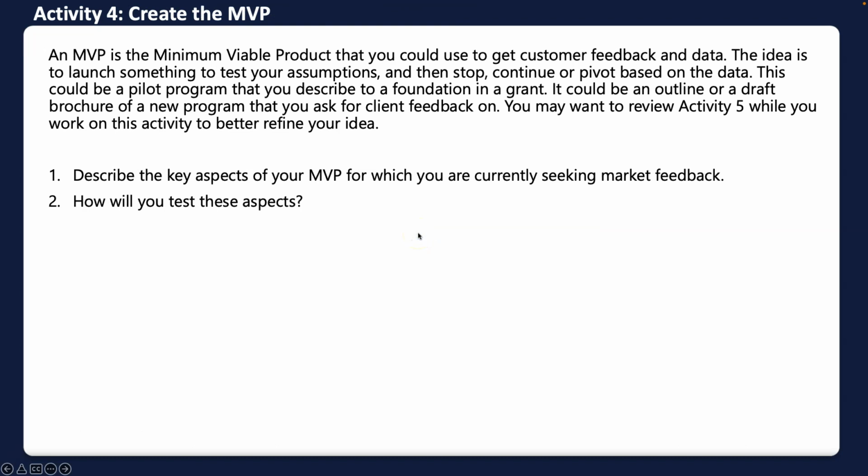In activity 4, you're going to actually create the MVP, or the minimum viable product. And you're going to use this to get your customer feedback and data, which follows as we move through this process. The idea is you want to get something out there to test your assumptions right away. Think of it like you're floating a thought balloon.